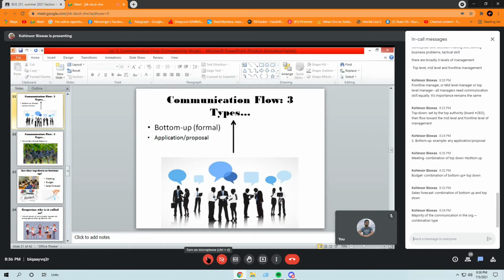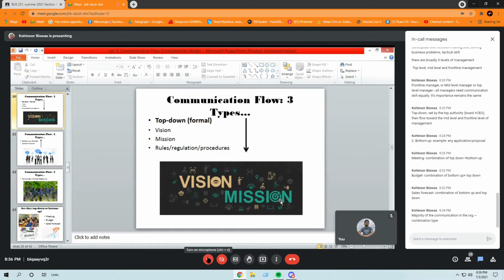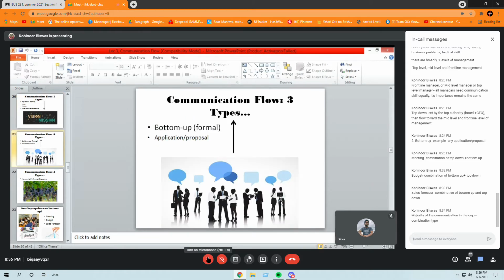Well destined, and vision, mission, and rules, whether for staff or faculty members or students, these rules are very well defined. So from whom and to whom these things flow is well defined, well dictated.